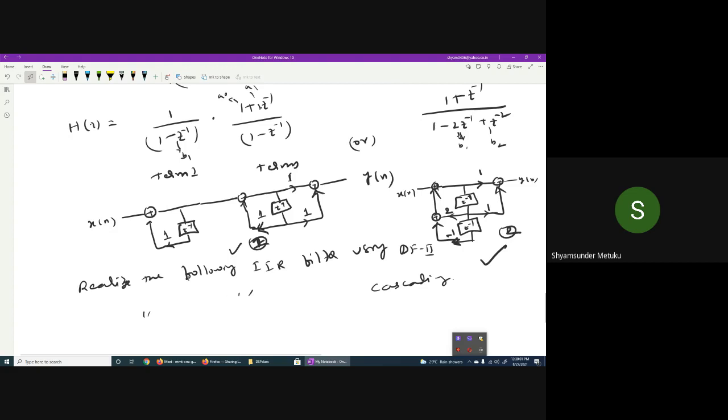Structures to transfer function, generally we don't do it. Generally, the transfer function is given, and how you want to implement it is up to you. From the implementation, you cannot get the requirement, isn't it? Requirements will make you design a system. Once a system is already designed, you cannot create a requirement.